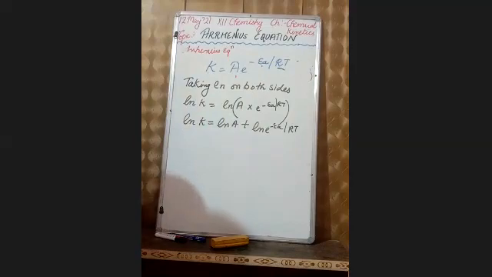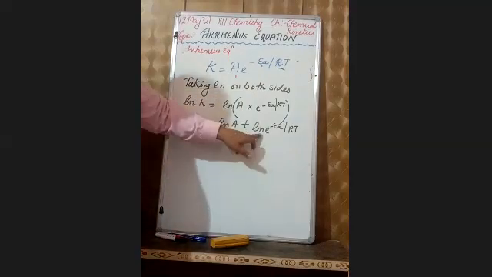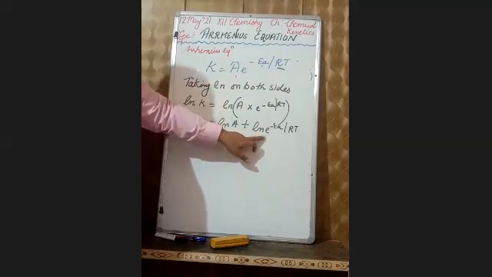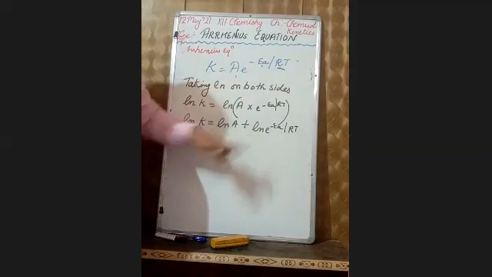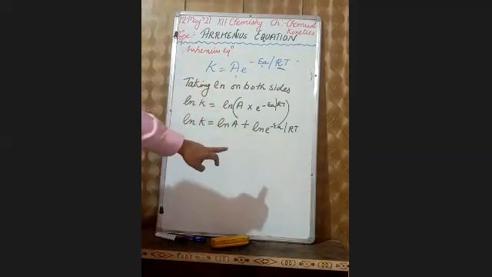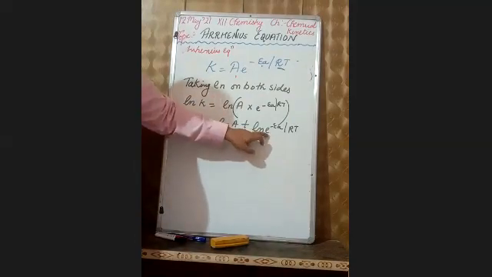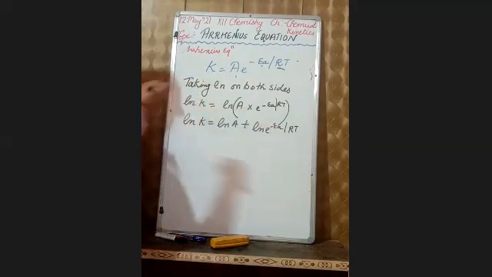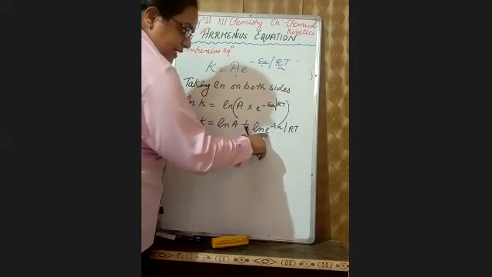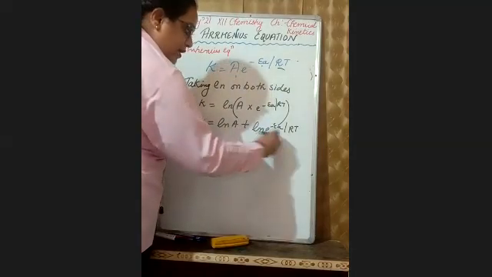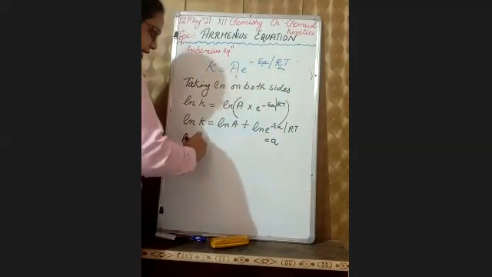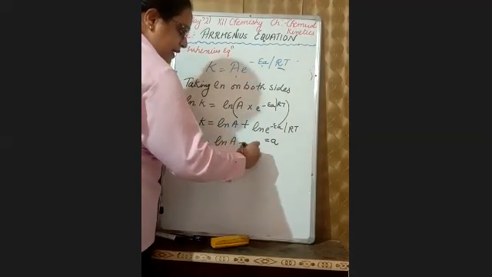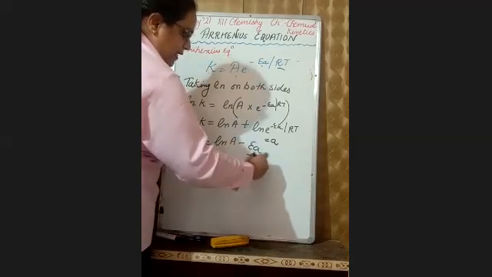Now ln e to the power x is equal to x, so it will be ln k is equal to ln A minus Ea over RT.